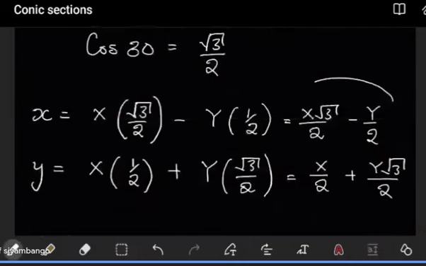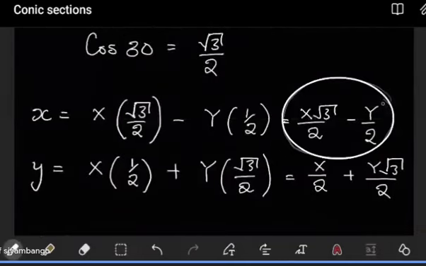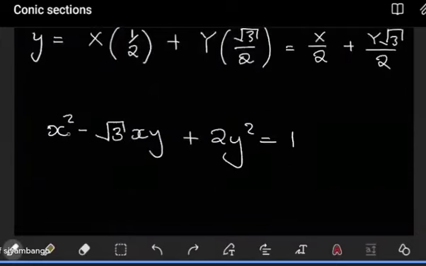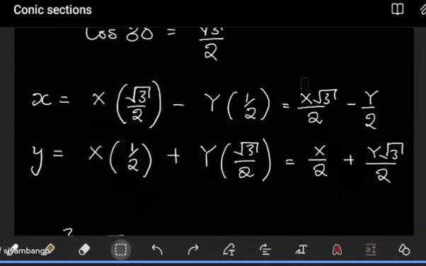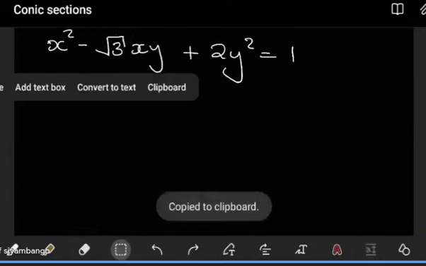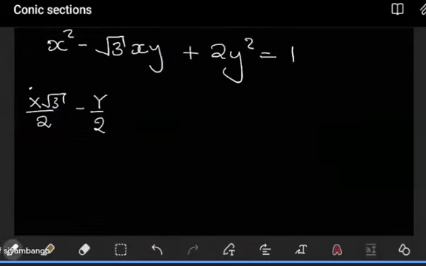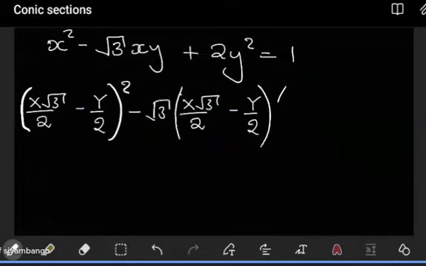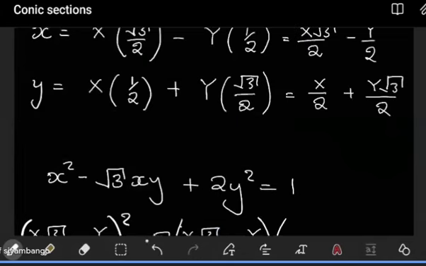Where we have x, we'll put this. Where we have y, we will put this. So let us begin. The first one is x squared, and where we have x, we will put this. Because the x is squared, this whole term has to be squared. Then we have minus root 3, x multiplies y, so we'll put x first, and then we need y, so we'll get y from here.